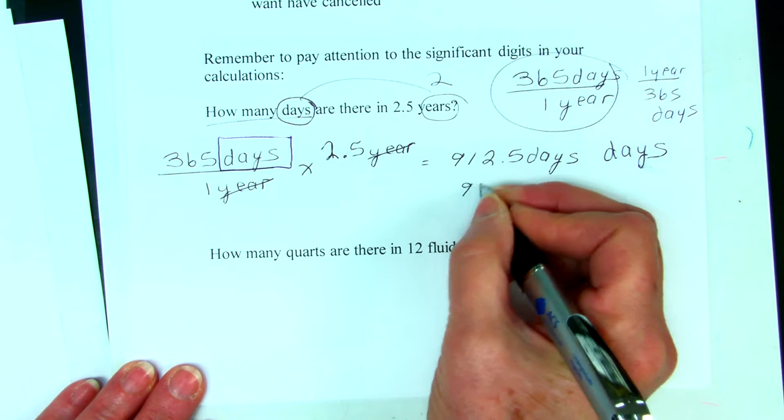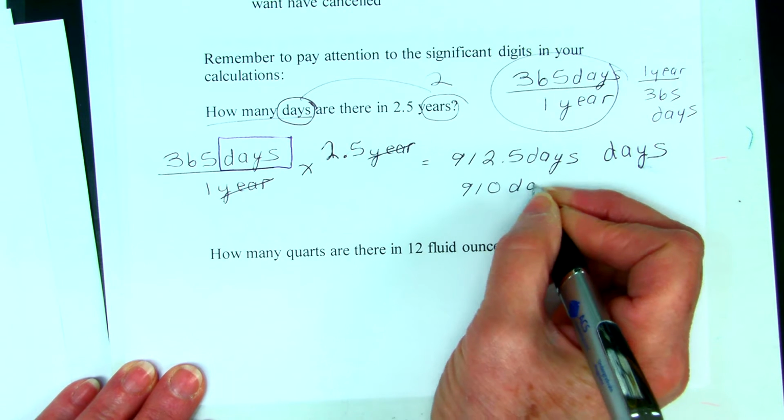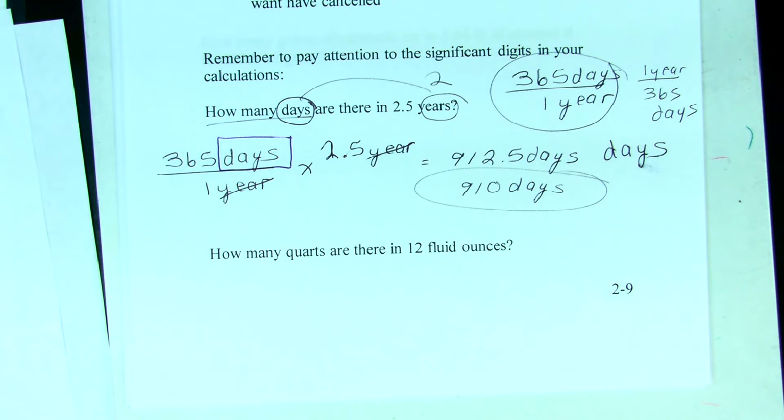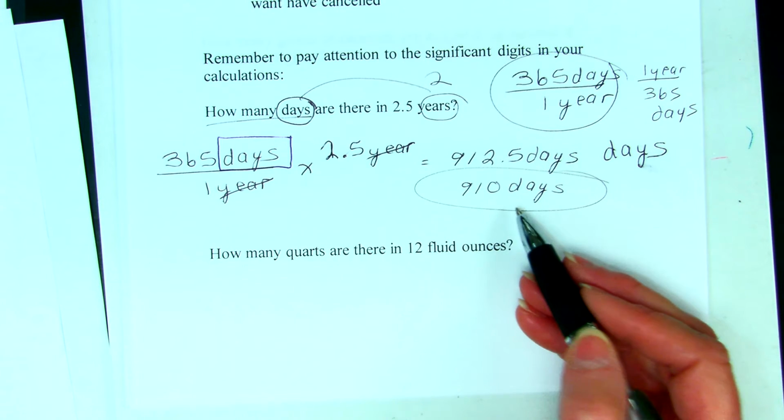So 910 days. Now this is kind of a bad example for sig figs because these sig figs are for measured values, right? And days are really counted. So we're thinking of these now as measuring a day. How many 24-hour periods, right? So these rules are for measurements.